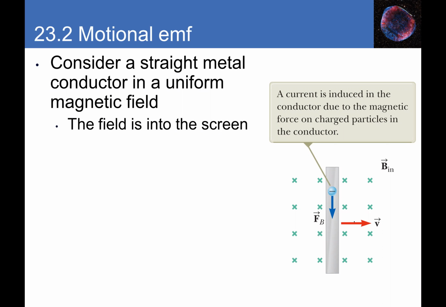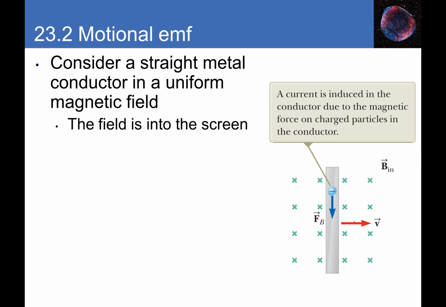That means you can use it to generate electricity. Remember, EMF is a source that can drive current and basically gives you electricity. One thing we learned is that one of the sources of EMF is the battery or power supply, right? But here we're going to see that you can get a similar thing with a moving conductor in a magnetic field. All right, so we're going to consider a straight metal conductor in a uniform magnetic field.